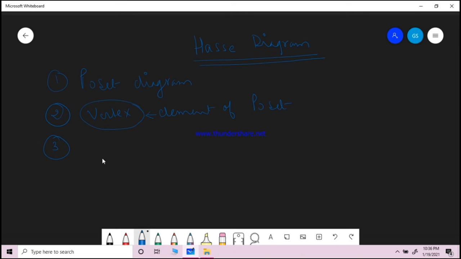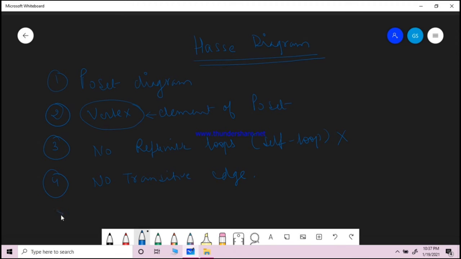The next rule is, like we were drawing a reflexive relation, you should avoid reflexive loops. No self loops are allowed. You should avoid them. Next, no transitive edge. What is the meaning of transitive edge?